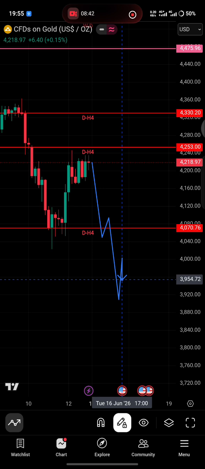By dumping and then pulling back, or by dumping to form a new low before forming a reversal, and only after forming a reversal, after it starts expanding above and then attacking and breaking resistance, can we conclude that this bullish price action is a complete one, right?